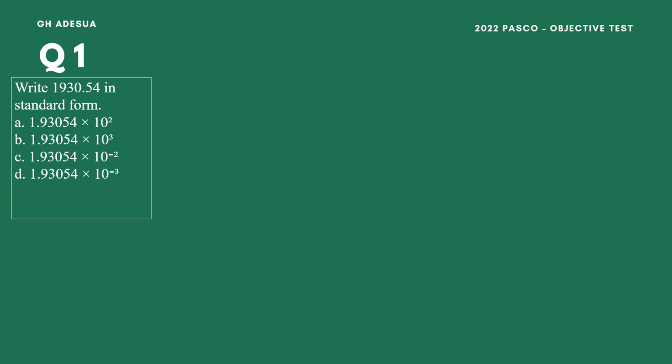So considering the question, we have 91930.54 and we are being asked to write that in the standard form. And we're saying that we move our decimal point to the very first non-zero digit. And when we look through the figures that we have here, the very first non-zero digit is 1.